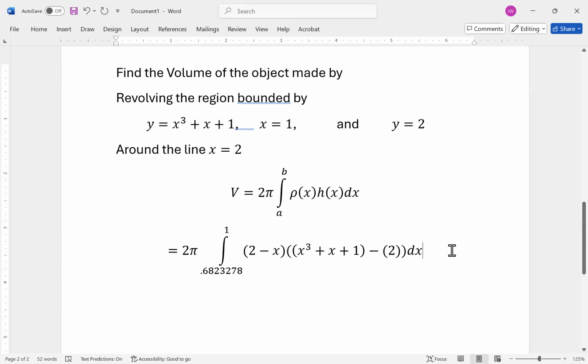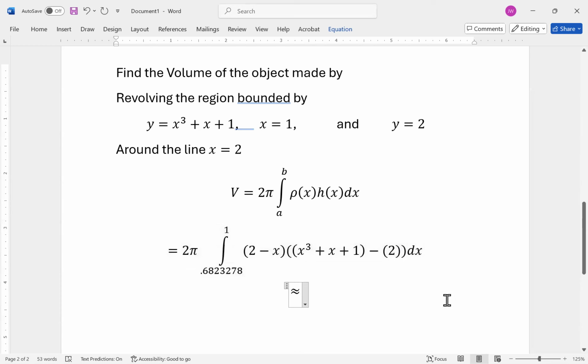Again, if I'm looking for an approximate answer, this is not a problem, if I'm just looking for my answer rounded to a couple of decimal places. If I was looking for an exact answer, I'd have to solve this algebraically and figure out what that number actually is.